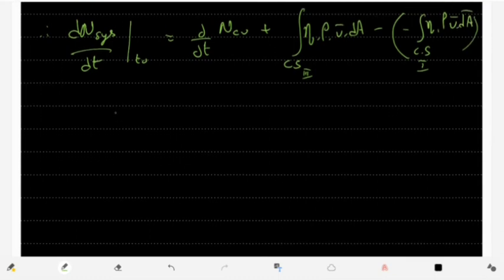As you know, the N of a system equals the integral of eta into rho into dV.